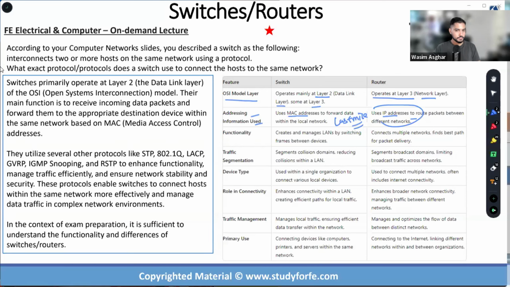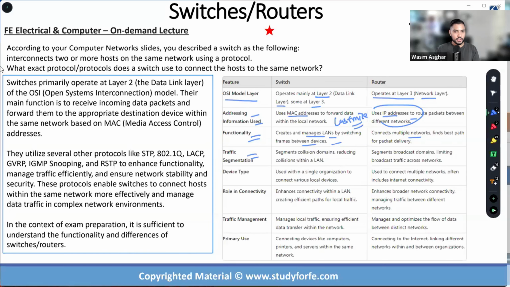Functionality: a switch creates and manages LANs, local area networks. That's what they're managing. Whereas routers are connecting multiple networks. So again, when we are dealing with freeways, the interstate highways, for example, they're connecting multiple towns and cities, even states, right? Whereas switches can be thought of as arteries, the road network within a town.